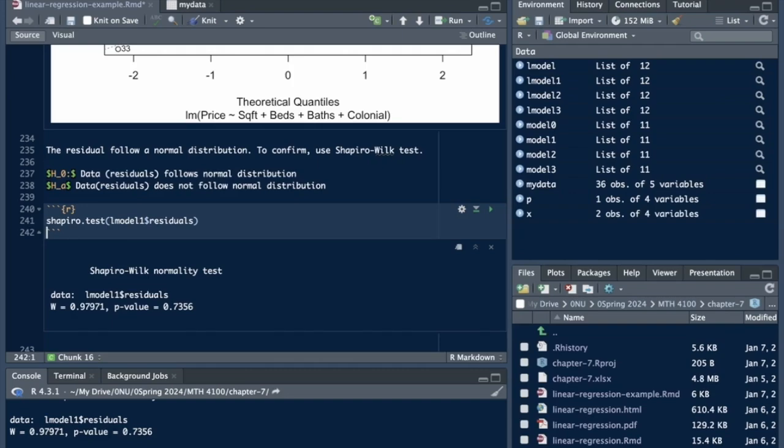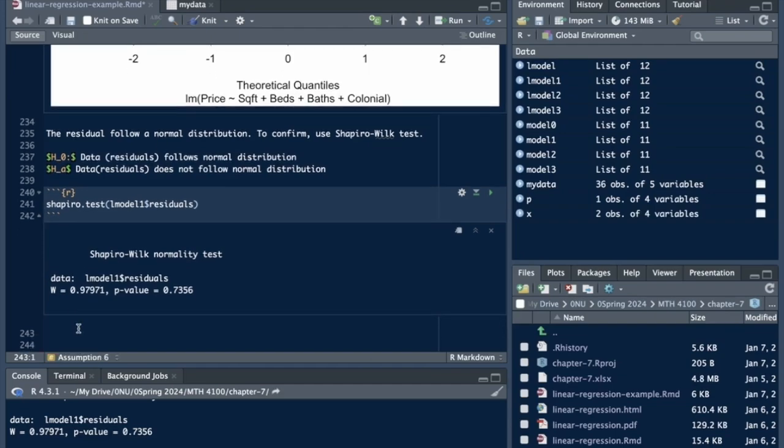This would suggest that there is not enough evidence to conclude that the residuals depart significantly from normality. The p-value here is really high, it's 0.7. It's not less than 0.05. So there is no strong evidence to reject the null hypothesis. We don't reject the null hypothesis, so we may assume the residuals are approximately normally distributed.